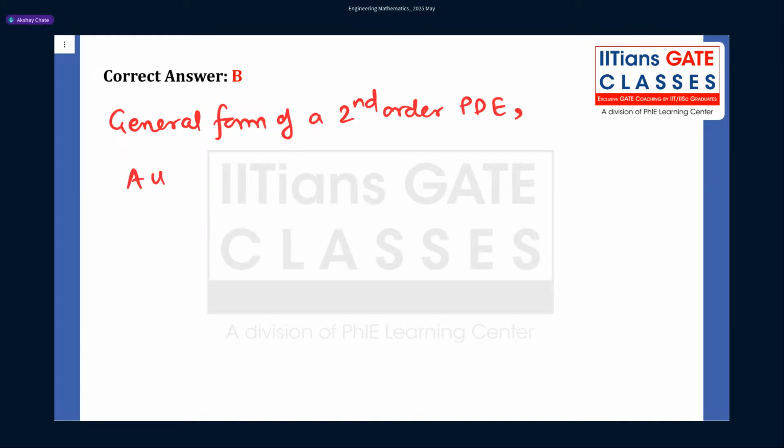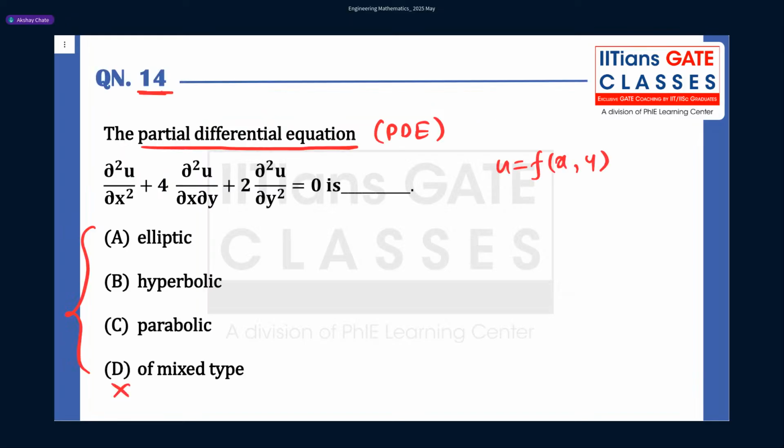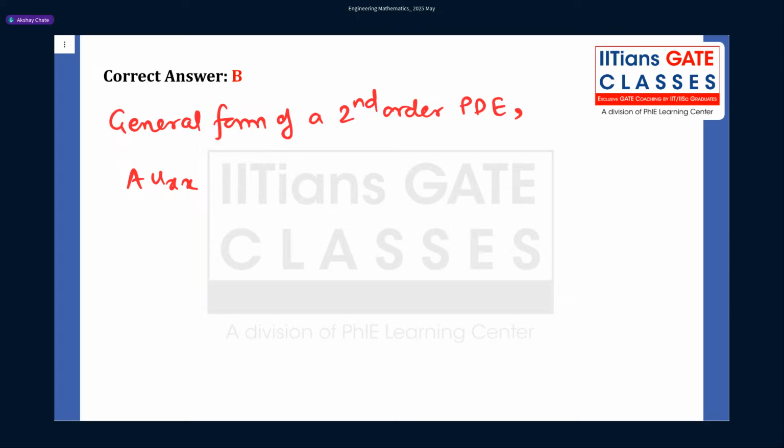So let's say you have uxx, which represents the second derivative of u with respect to x. If you look at this, uxx is nothing but the second derivative of u with respect to x. Okay, so like that. So then you have some B. So this capital A, capital B are some scalars, constant values.